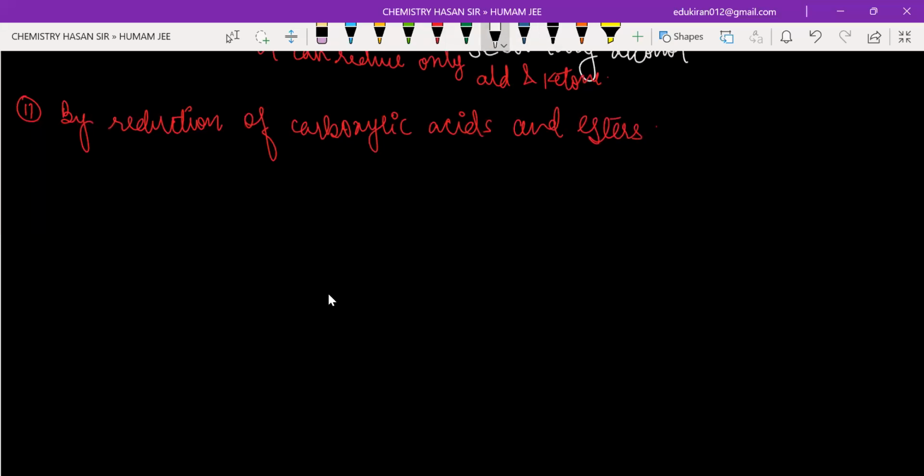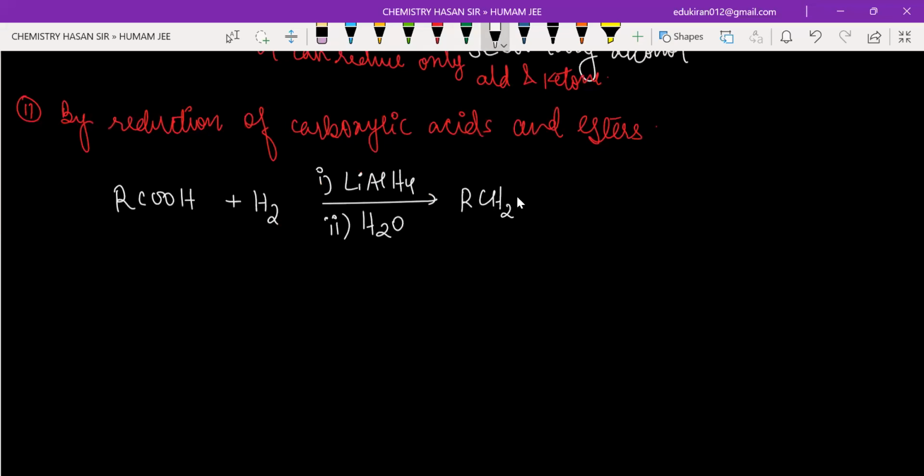Very simple it is. In carboxylic acid, we are going to use a very strong reducing agent like LiAlH4 followed by hydrolysis. Then you will be getting directly RCH2OH.